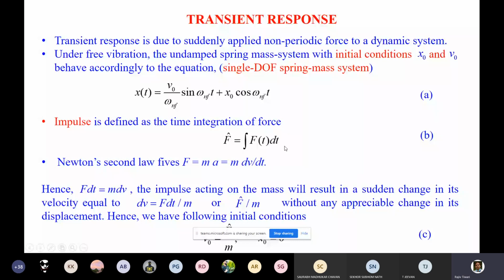Newton's law says that force is mass into acceleration, where acceleration is dv by dt. If we take dt to this side, F dt, the right side becomes m dv. So this is the impulse.